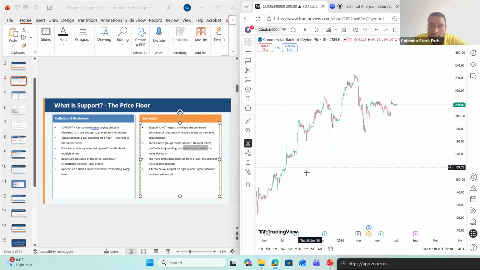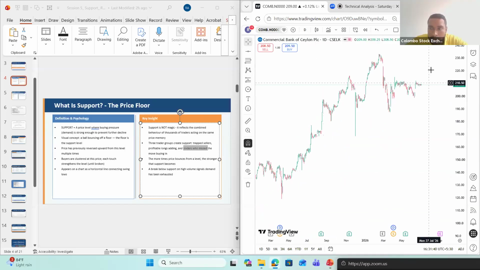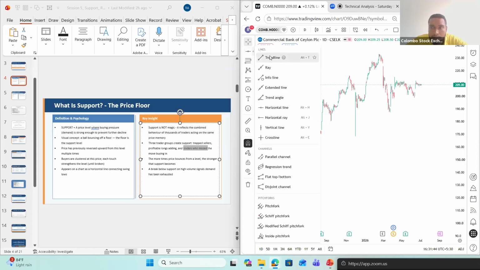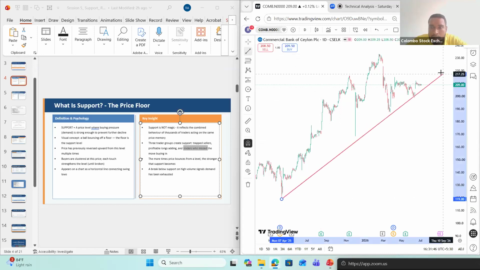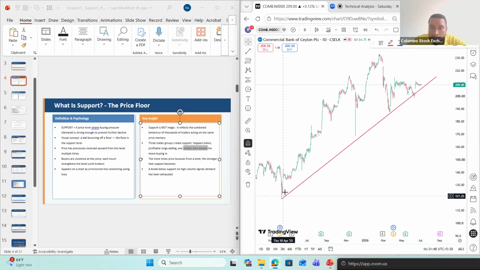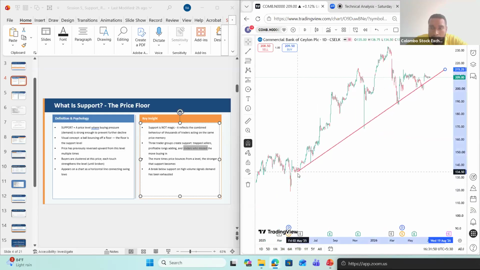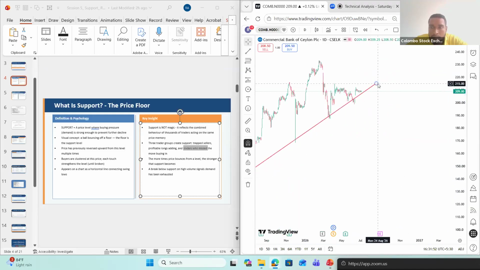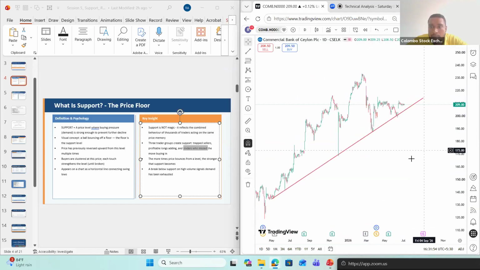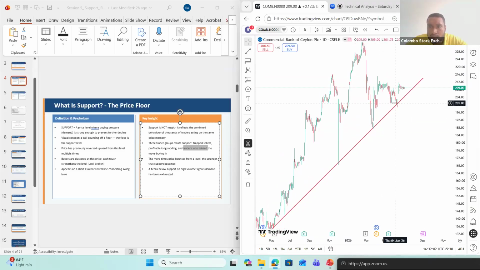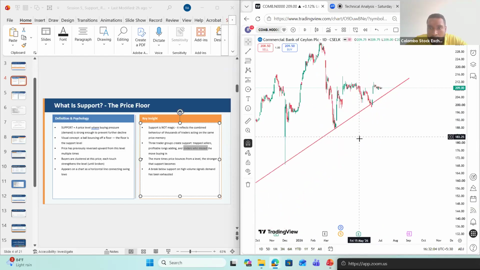Okay, so now in Commercial Bank, the price was in an uptrend, right? From this point, the price was in an uptrend. I mean, you can still draw an uptrend line from here. And now I'm marking a support level.